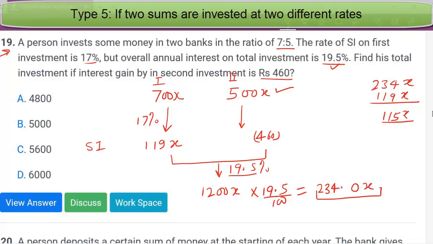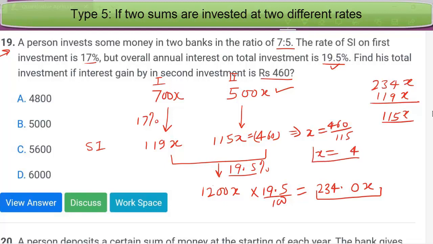Now you know 115x is equal to 460 because the amount is given. So from here you can calculate easily that x is equal to 460 upon 115. That means x is equal to how much? 4. This is straight away 4.